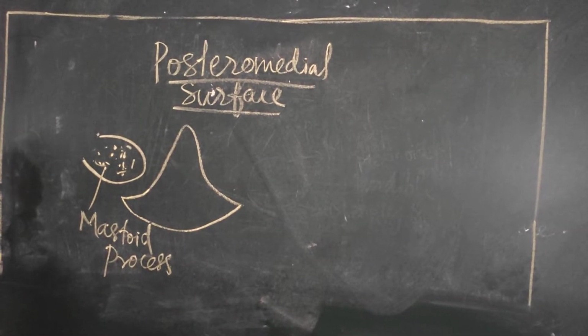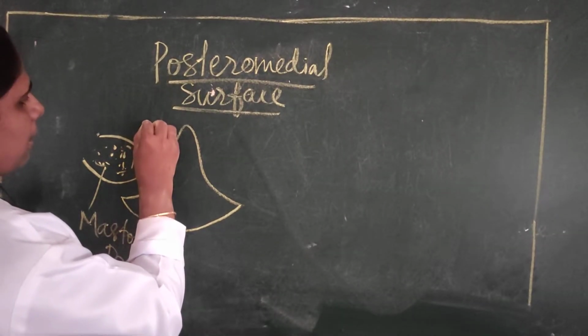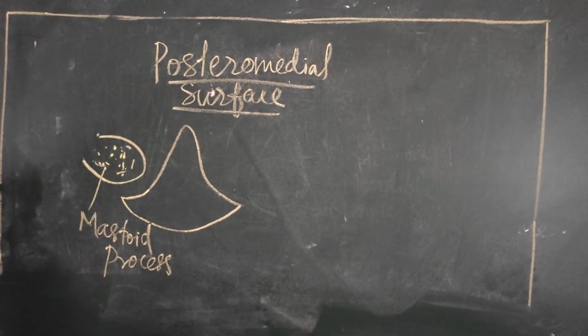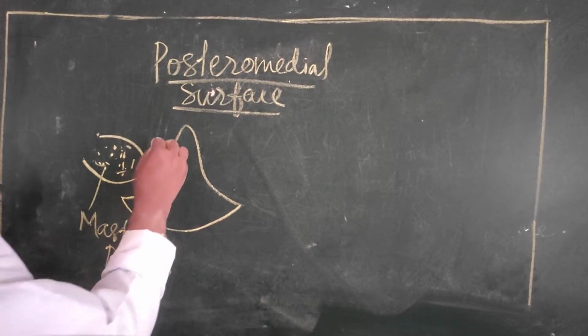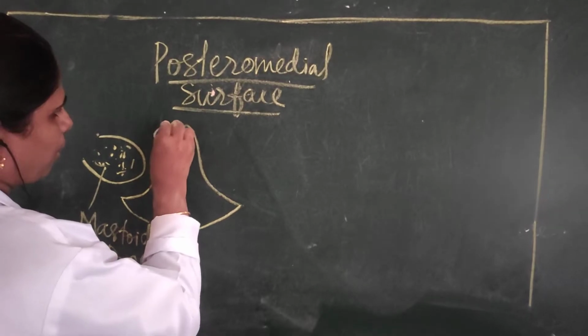Mastoid process, and there is another structure which comes in direct contact with the posteromedial surface, the styloid process.